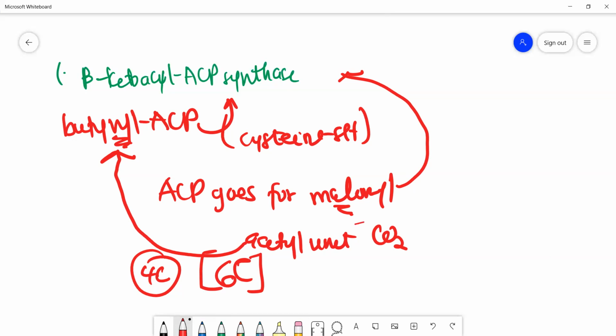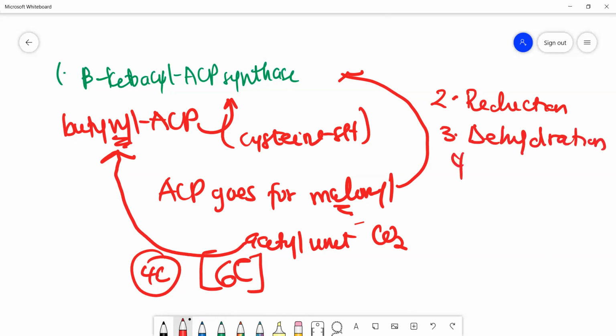Now with this happening, this 6-carbon compound will go through our second step of reduction. Then it will go through dehydration, so the same enzymes, and then another reduction.